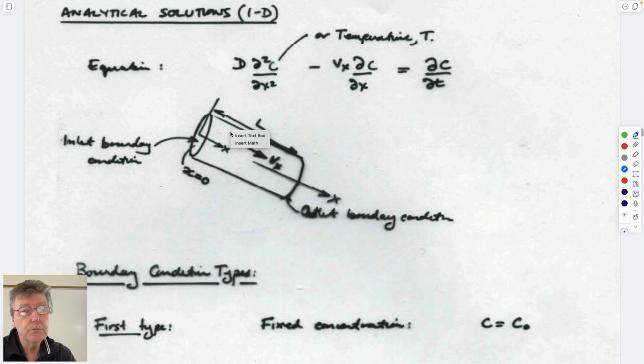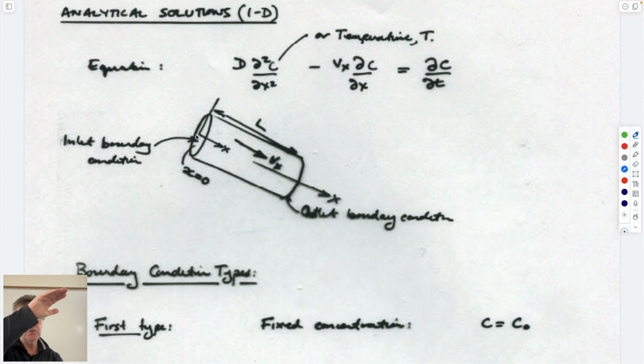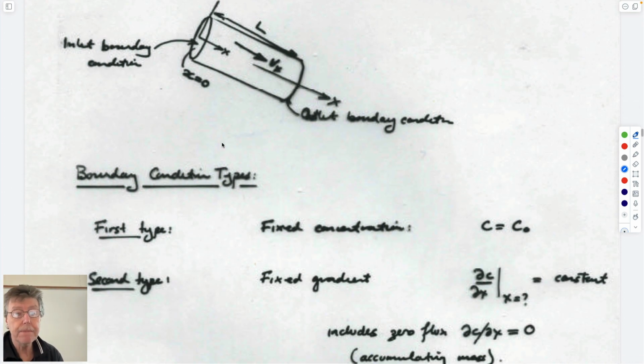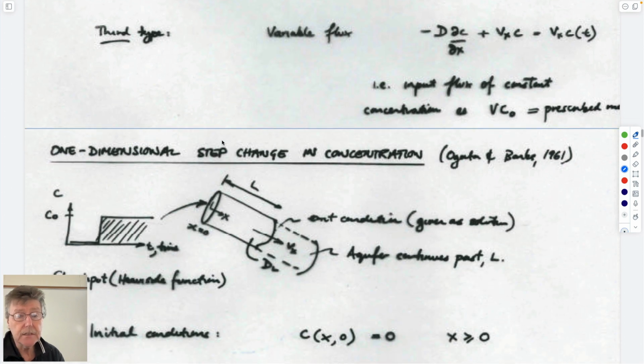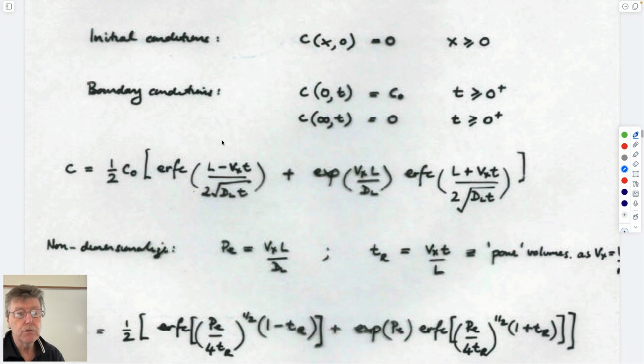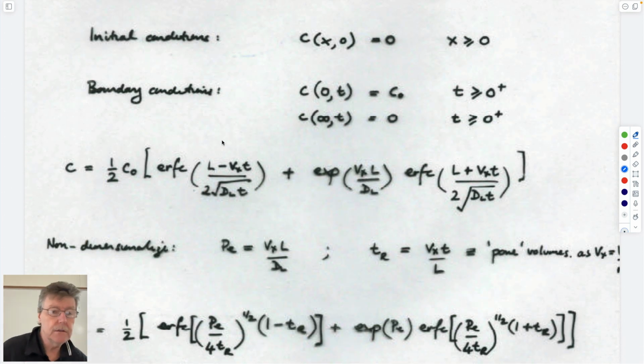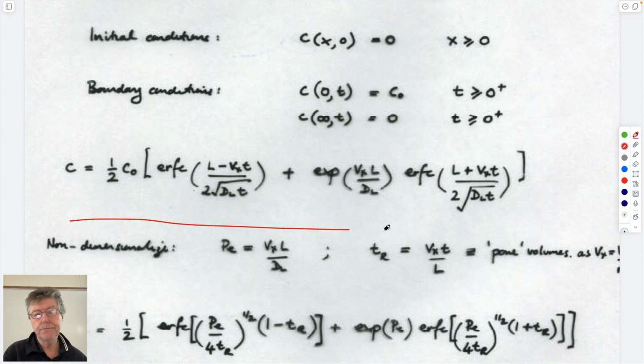What we could do is try and solve this equation for this particular geometry. The behavior would be that we suddenly increase the concentration upstream and keep it at that concentration for all time. If we do that, we get not a very exciting equation that we won't necessarily solve, but a long expression.